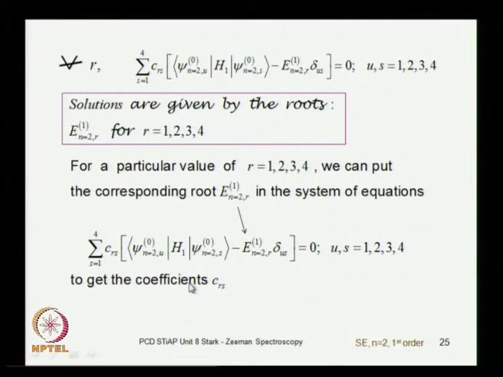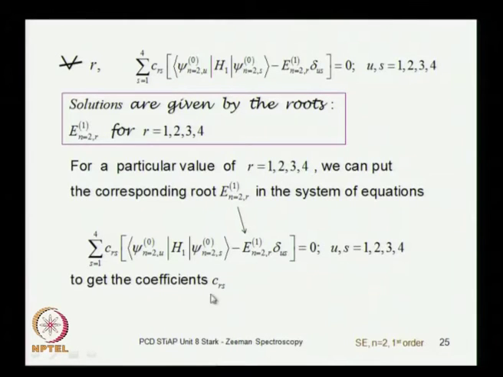So, now you know how to determine the coefficient c, because these were the undetermined factors which we had, but we have found a mechanism to determine them by plugging in the roots that you get, and for each root you can solve this set of equations, and from this set of equations you can get the corresponding coefficient CRS. So, that is a mechanism to get the solutions.